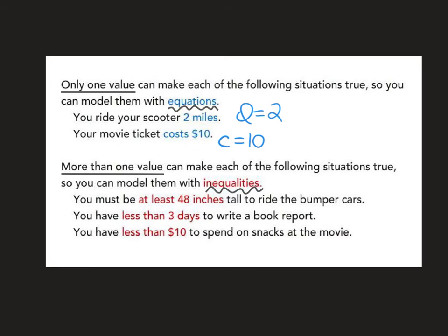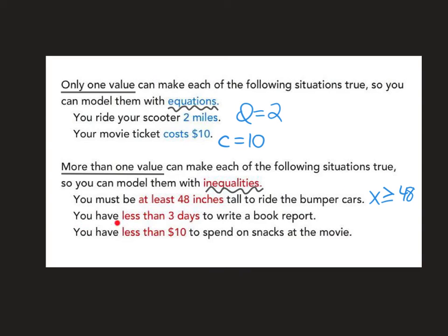To write that, x is any number that's greater than or equal to 48, because like it says, you must be at least 48 inches tall. That means you can be 48 or any number of inches greater than 48, right? So it would be x is greater than or equal to 48.